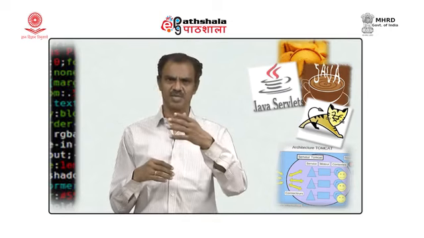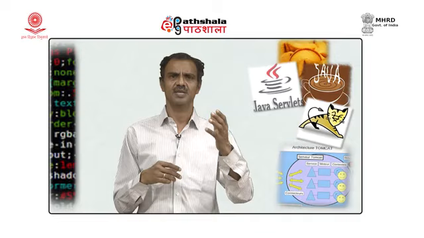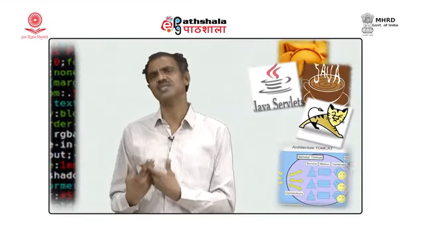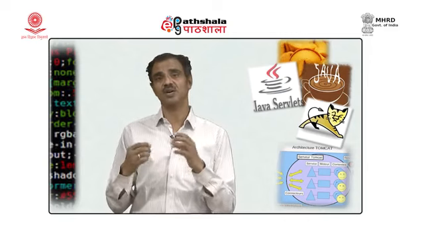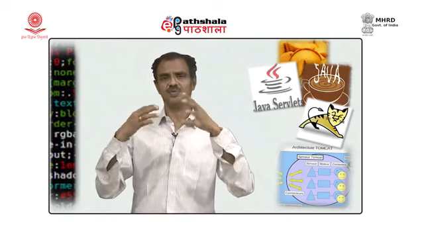In case of the JSP, I was mentioning the interface called JSP page. In JSP page, we have a method called JSP init, there are JSP destroys, those can be included. But then we have the translation creating a method called underscore JSP service. Okay. So, we have this, right.